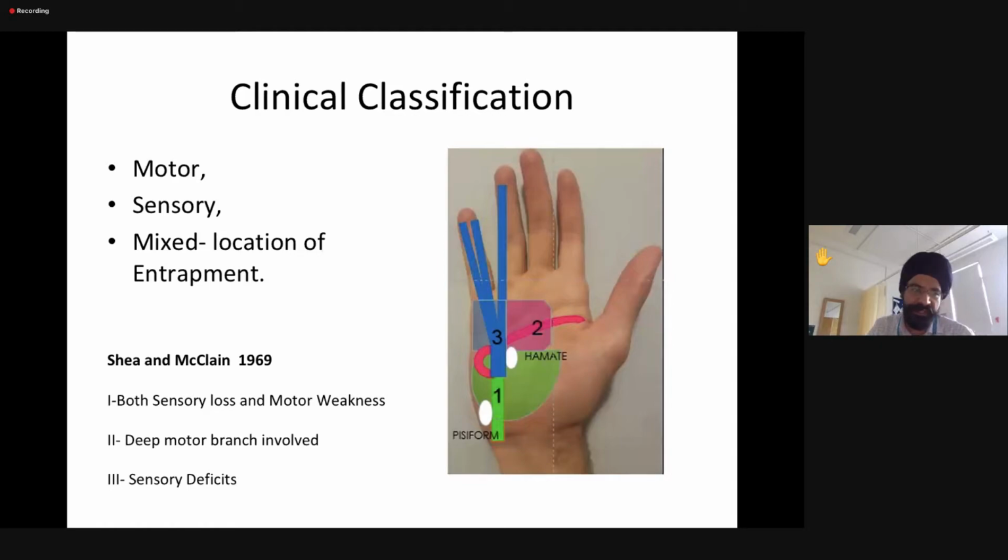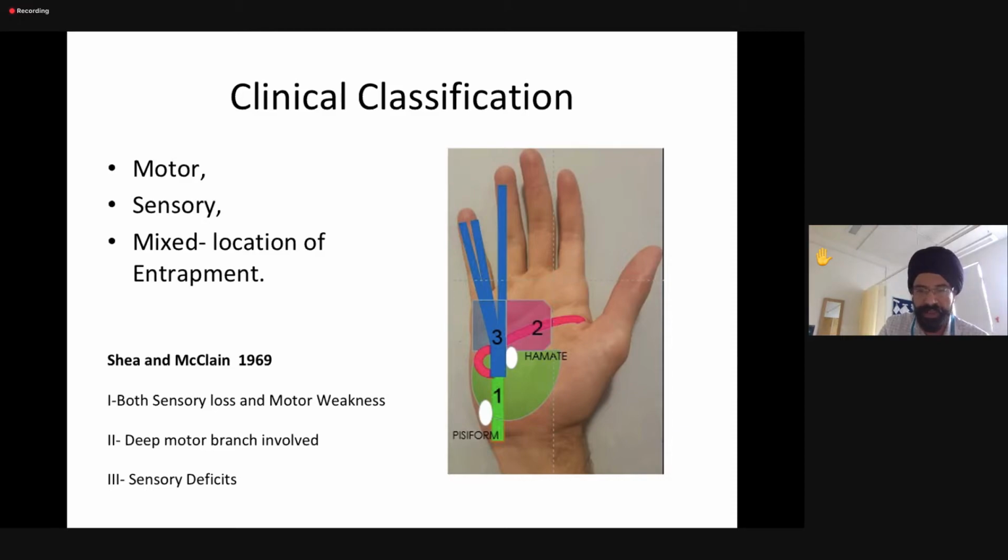The three-zone classification really matches the clinical classification, as the site where the compression occurs leads to the symptoms. In zone 1, where the nerve is not divided, it will lead to both sensory as well as motor symptoms.